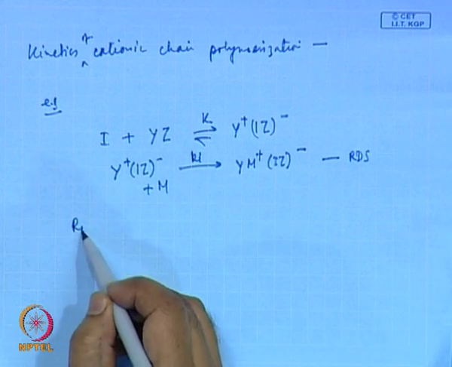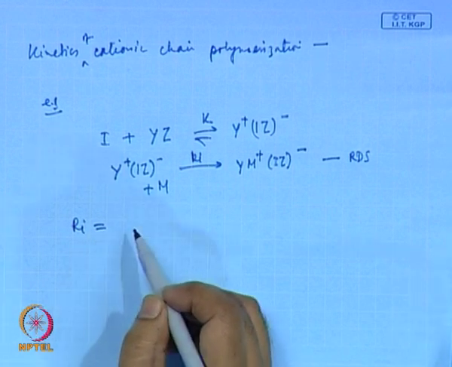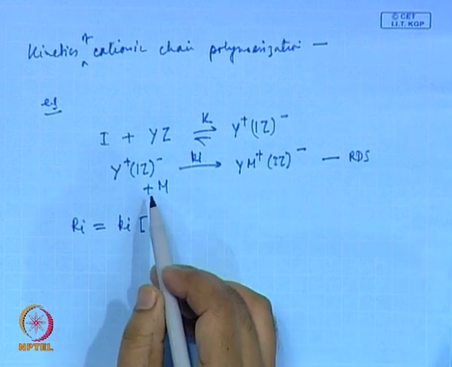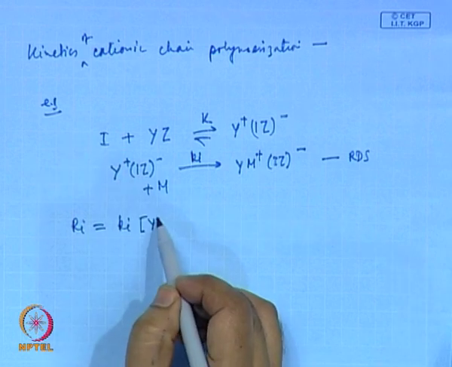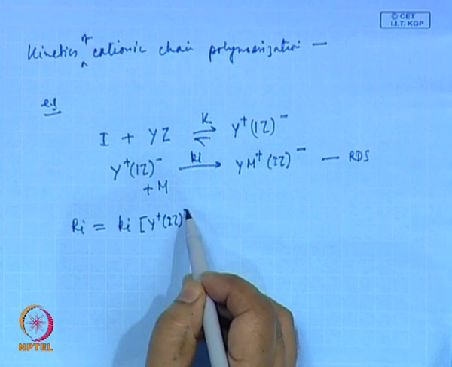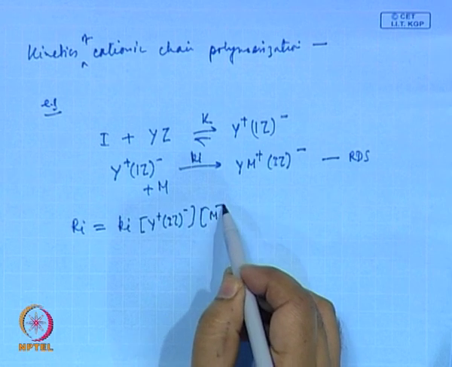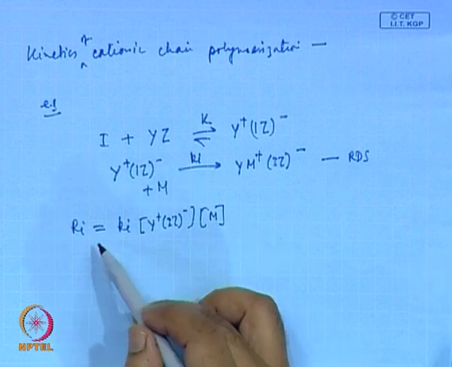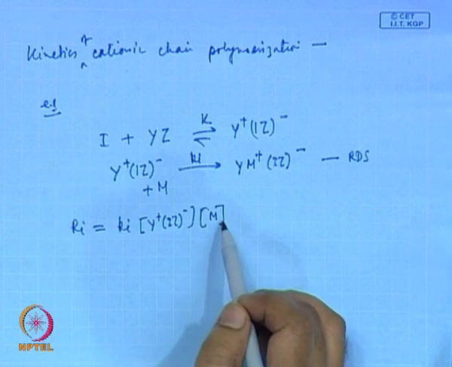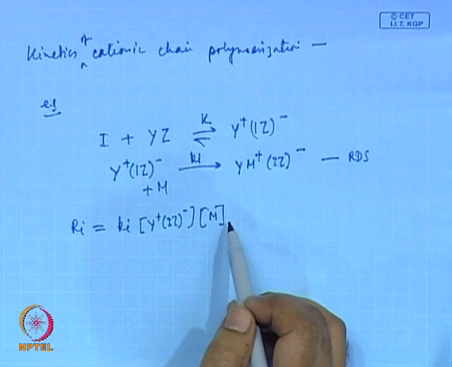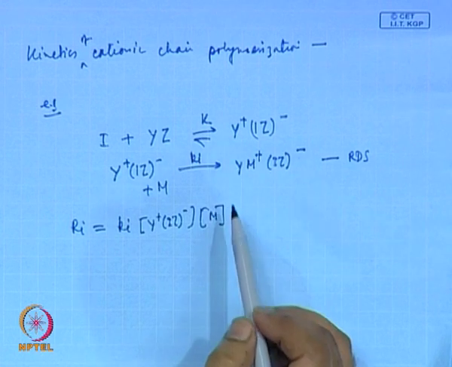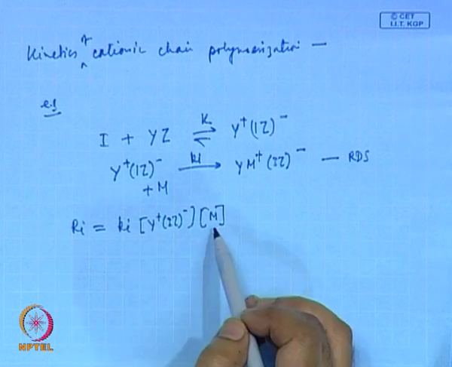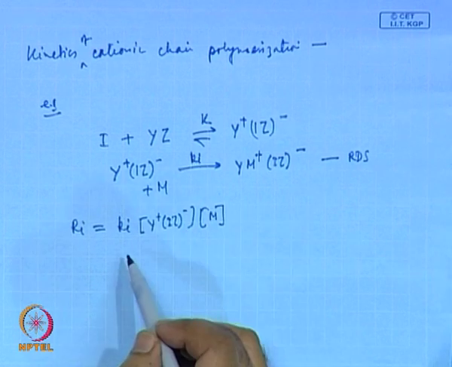So, if I write the expression for rate of initiation, it would be K I times the concentration of this species Y plus I Z minus and the concentration of monomer. As I mentioned earlier, here in the rate expression for initiation reactions the monomer appears, whereas in case of radical chain polymerization the monomer was not present in the rate expression of the initiation reaction.